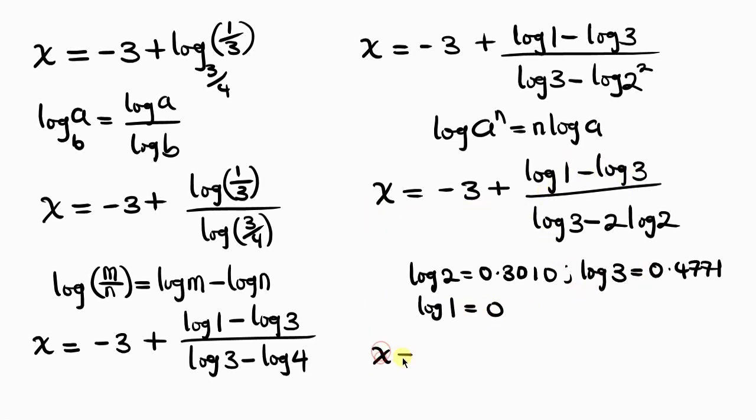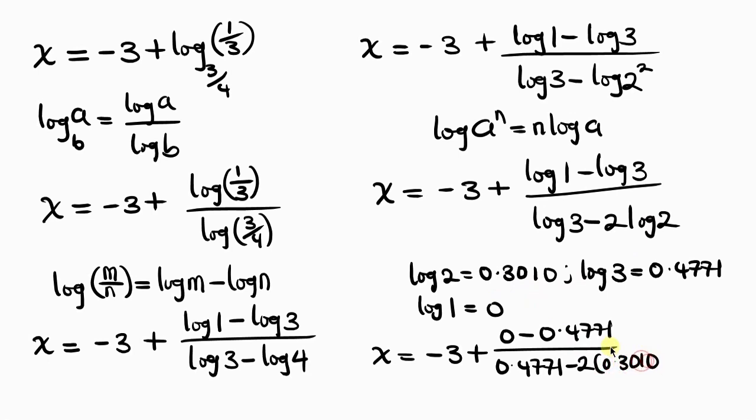So x now becomes -3 plus log 1 is 0 minus log 3 is 0.4771 all over log 3 is 0.4771 minus 2 times log 2. Log 2 is 0.3010. Very good. And this approximates into 0.8188. And there you have it.